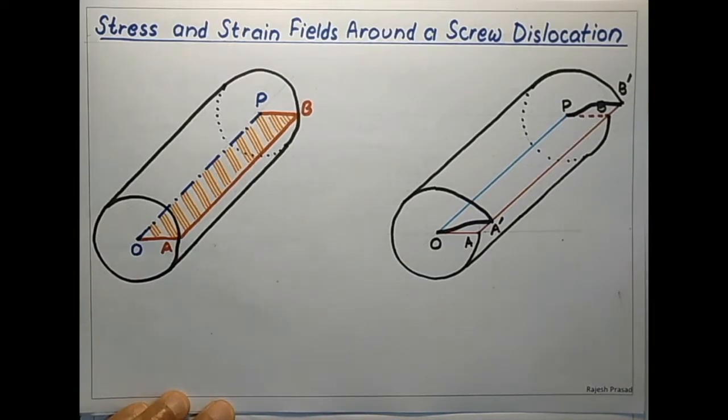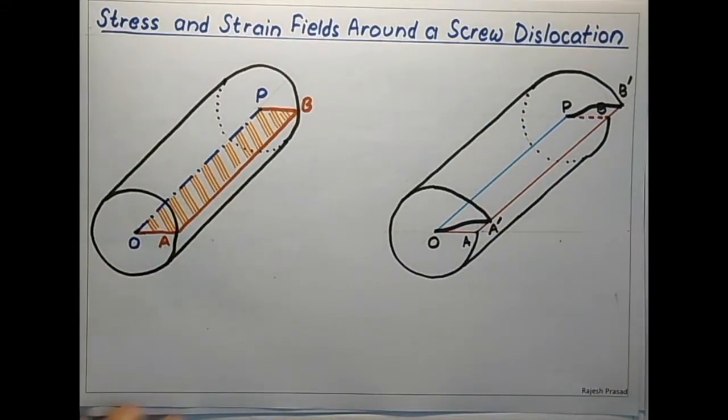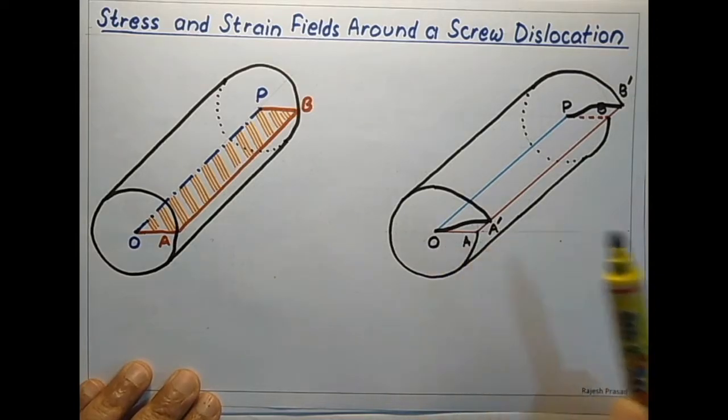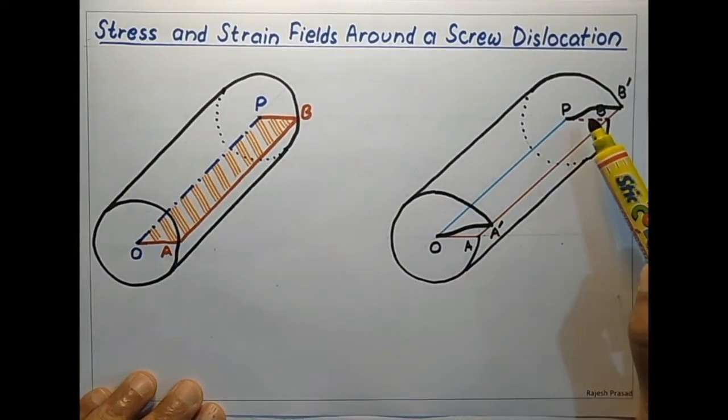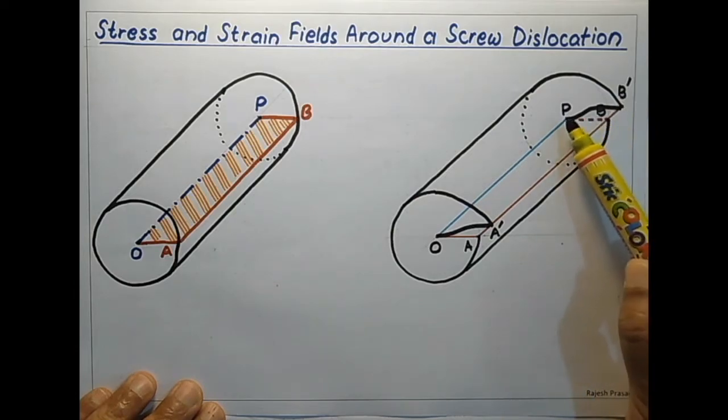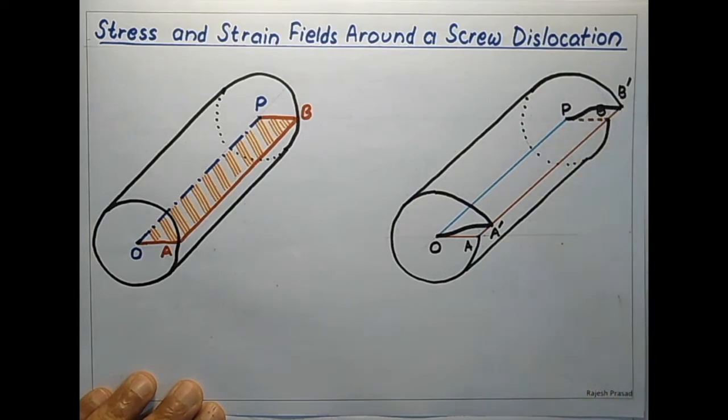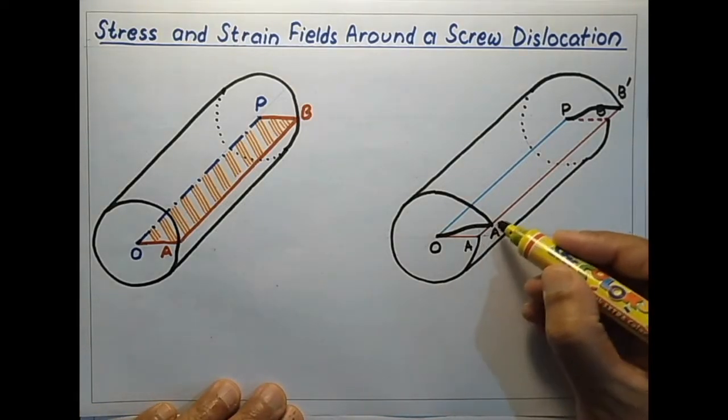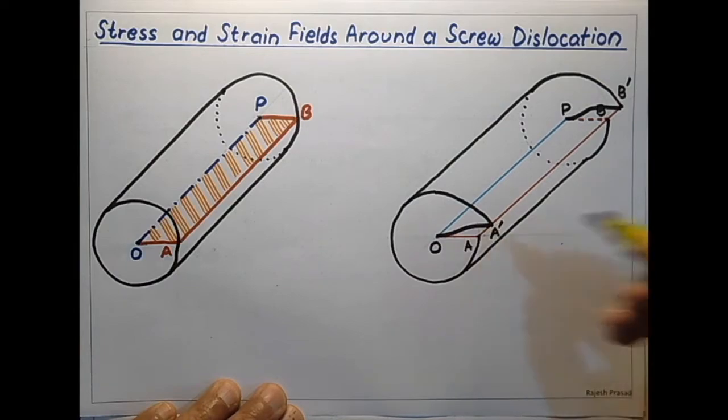So a ledge is created in this material. OAA prime is the ledge, and in the back you also have an overhang PBB prime, and the shift A to A prime is the magnitude of the Burgers vector.